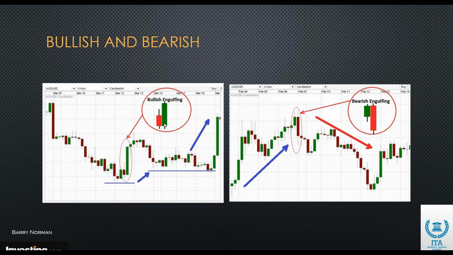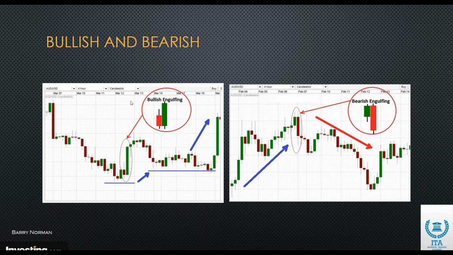Now, there are some rules that the candlestick must be 50% bigger than the previous candlestick. Again, this is up to each person's own strategy or interpretation. I believe that the next candlestick, to be a very firm signal, needs to be almost twice the size of the previous candle in the opposite color.